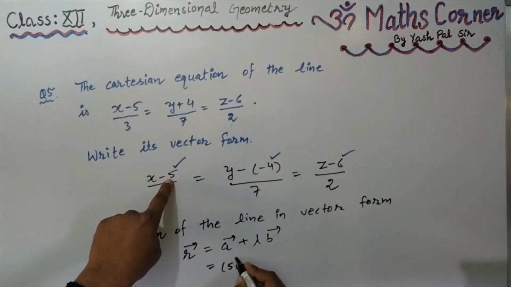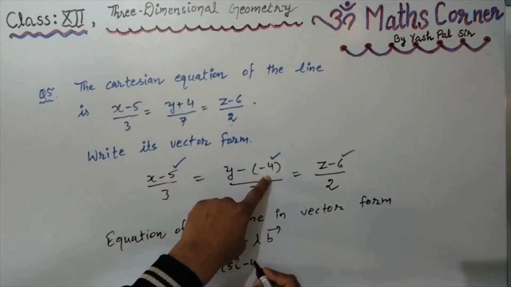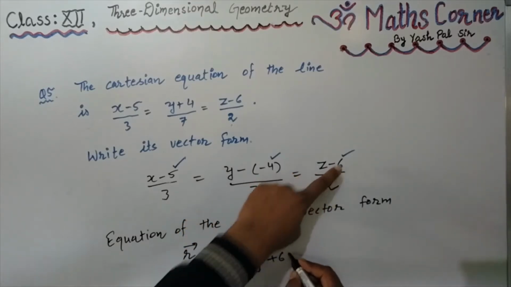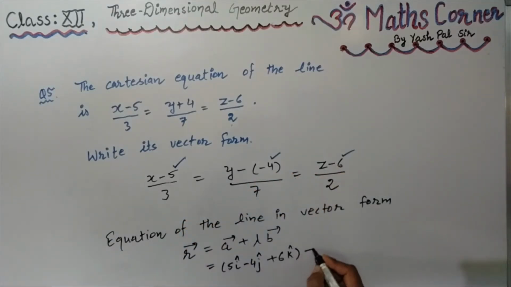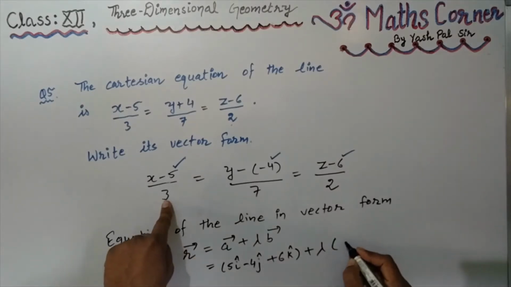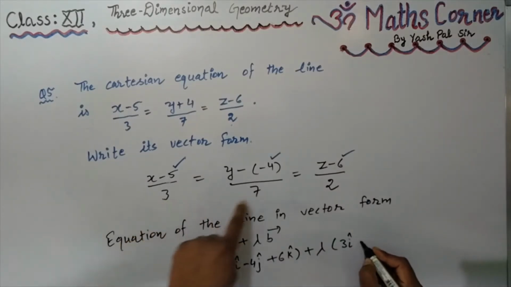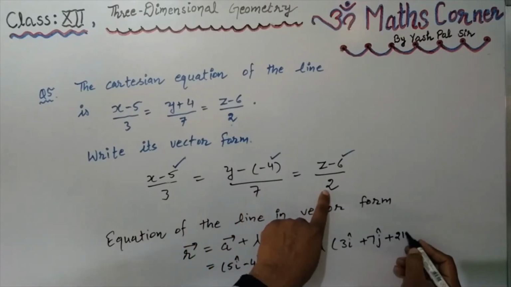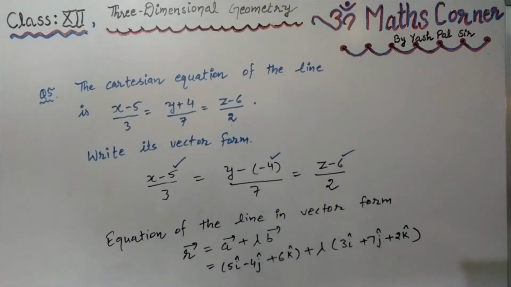This is 5i, this is minus 4j plus 6k, plus lambda b vector. What is b vector? This is 3i plus 7j plus 2k. So this is the required equation of the line in vector form.